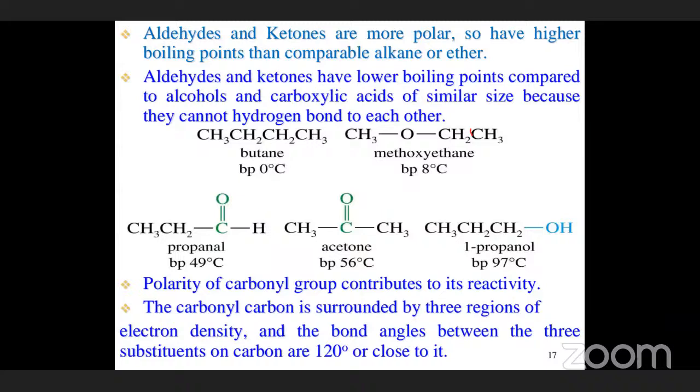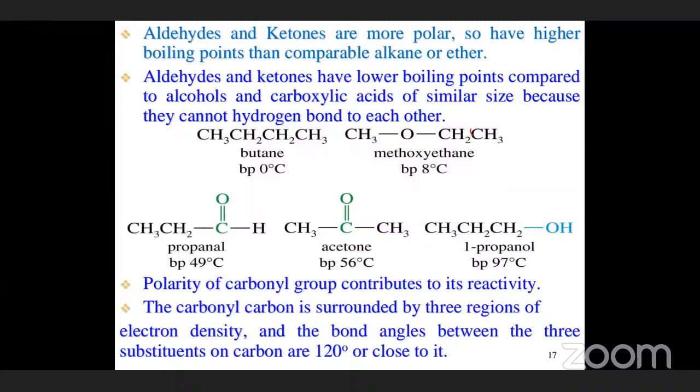They are mostly liquids, no solids, so there's no melting point, and higher boiling points, because of their ability to form partial positive and partial negative centers. That increases the attractive force. So aldehydes and ketones are more polar, so have higher boiling points than comparable alkanes and ethers.